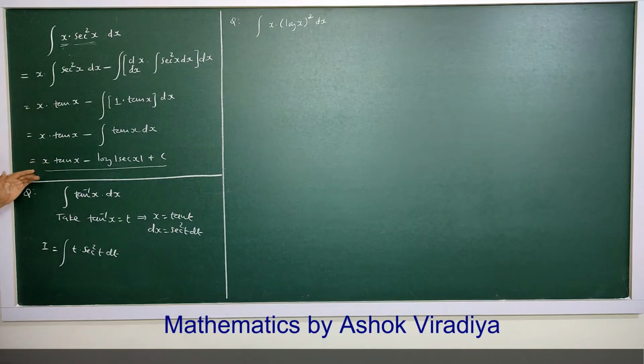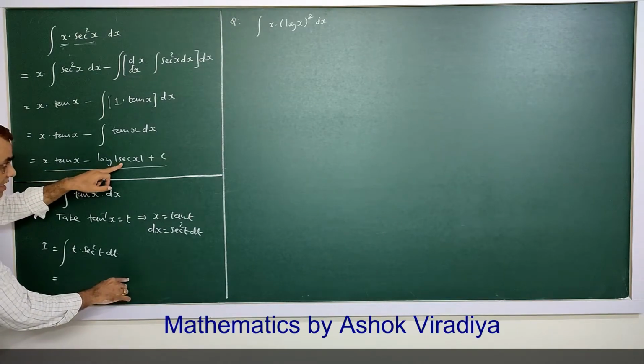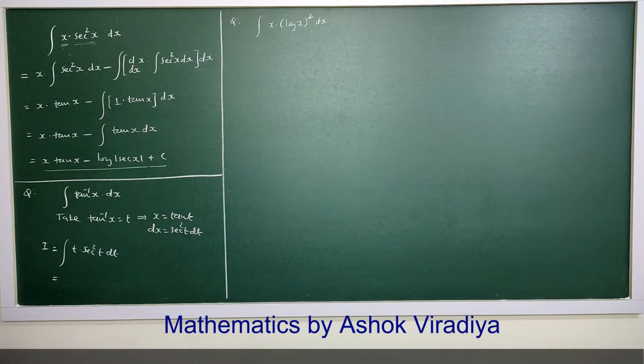Performing this procedure, its answer will be t into tan t minus log mod sec t plus c. And then don't forget to convert to x at the end. Okay, so you can finish it.